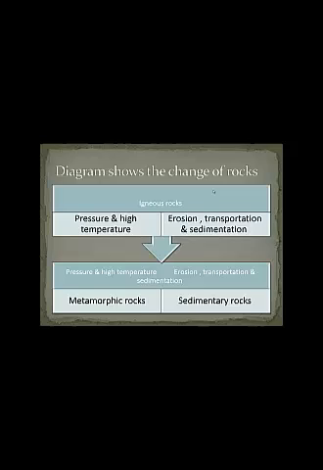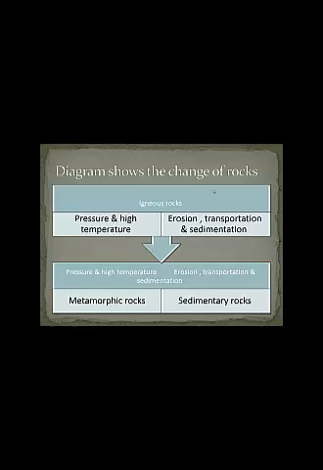Finally, this diagram shows the changes between the rocks. If igneous rock is exposed to erosion, transportation and sedimentation, this process forms sedimentary rocks, or if igneous rock is exposed to high pressure and high temperature, it will be converted into metamorphic rocks.